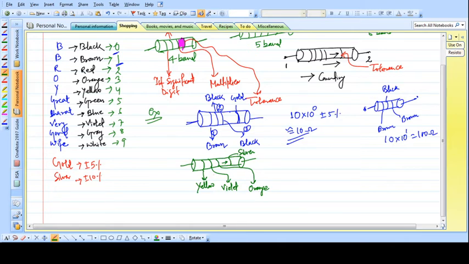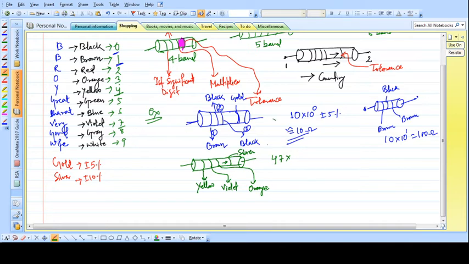Yellow is here. So we write 4. Then violet, so search where is the violet? 7. So 7 into the multiplier term. Then orange, where is orange? 3.